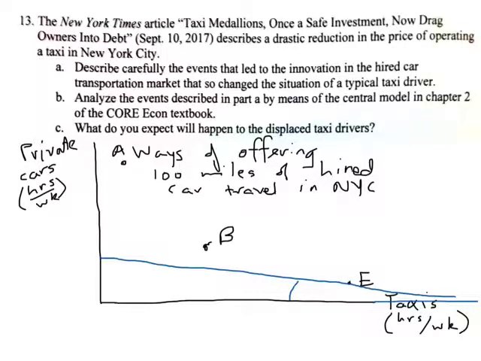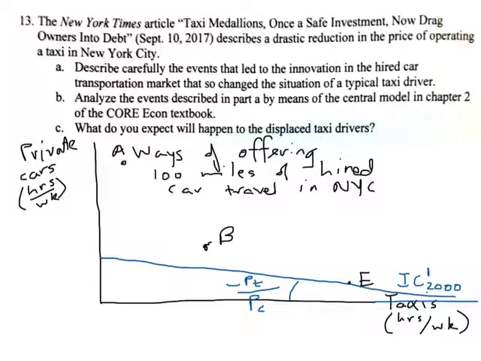And remember that the slope would be negative PT, the price of a mile hired of taxis, over PC, the cost of a mile of travel in a private car. That's the slope of that isocost. We'll call this IC 2000, an isocost in 2000. We'll call this IC1.